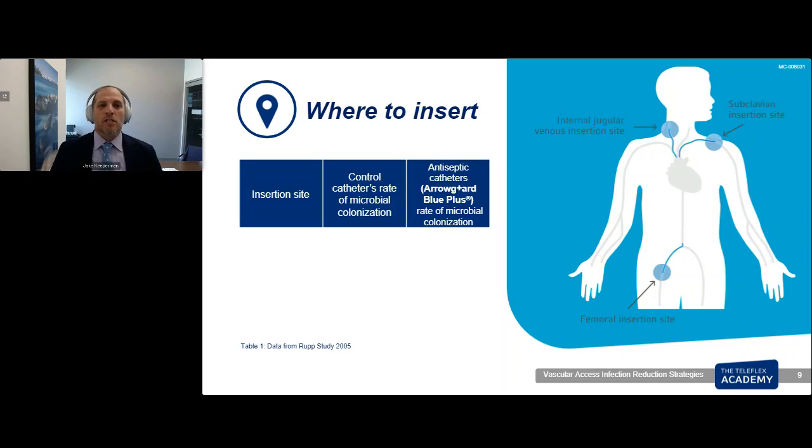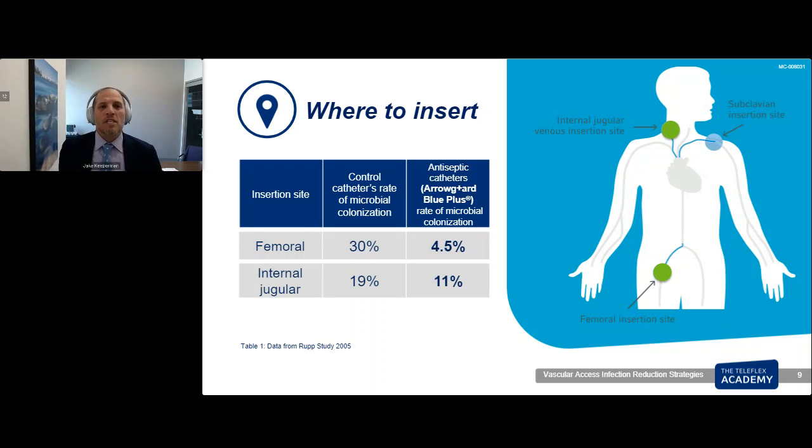We want to do what we can to control the catheter's rate of microbial colonization and see how antiseptic catheters can help us with that. Based on a 2005 study by Rupp and colleagues, in which they compared protected antiseptic catheters like the ArrowGard Blue Plus to unprotected catheters, we saw that in the femoral location, about 30% of the control catheters were microbially colonized versus 4.5% for the ArrowGard Blue Plus.